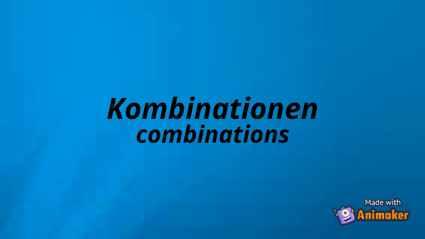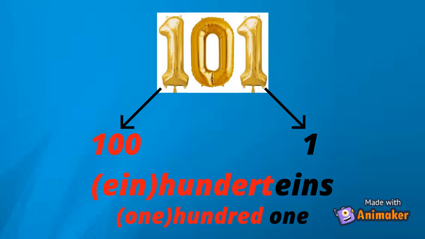Kombinationen. That means combinations. Here is the first number. In this, we have hundert, that means 100, and eins, that means 1.